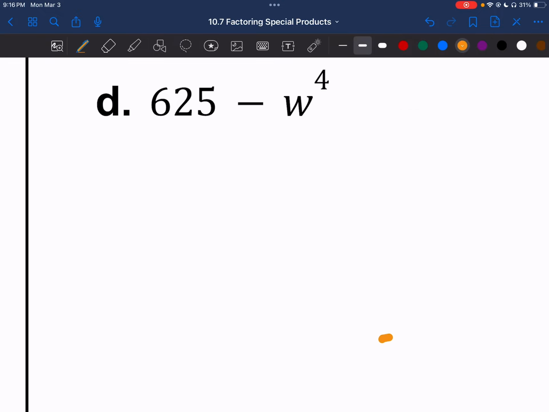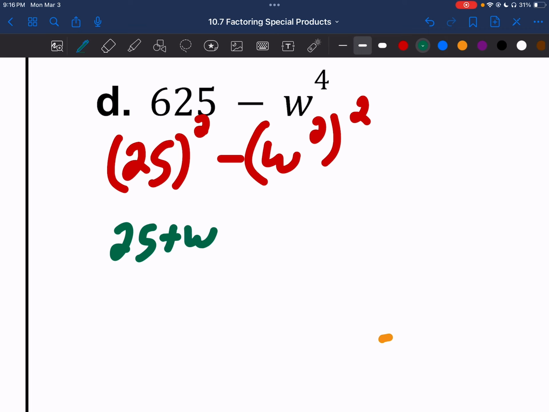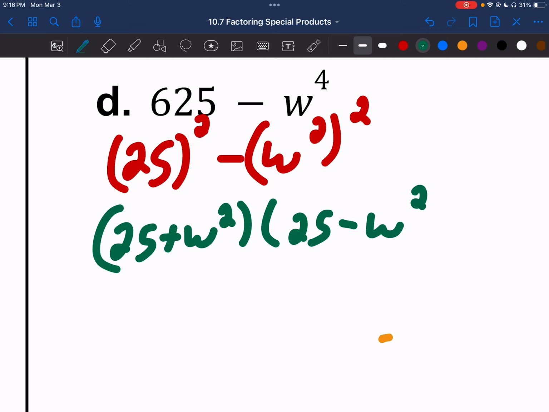All right, letter D. We are going to start off with 625 minus w to the 4th. Well, that's 25 squared minus w squared squared. And when I do that, I get (25 plus w squared) and (25 minus w squared).